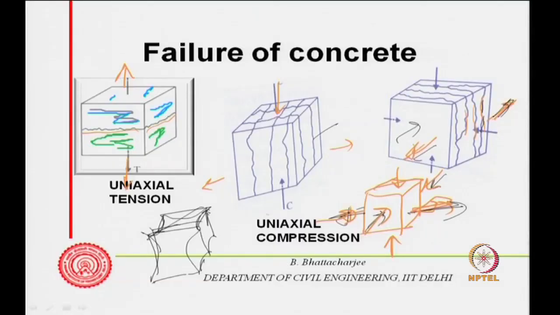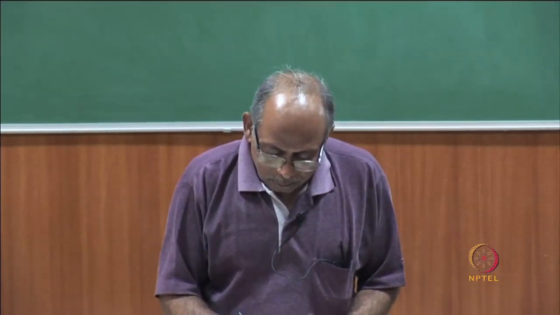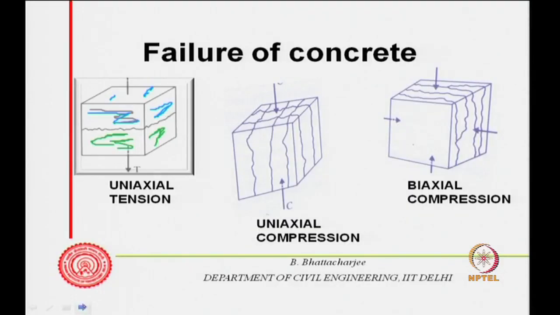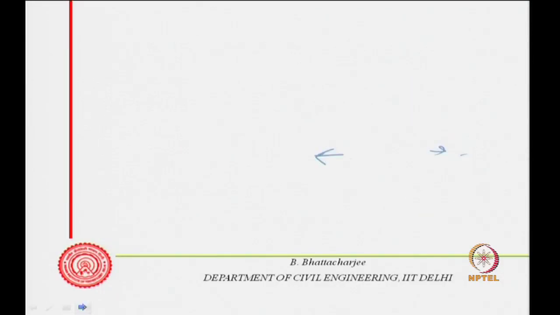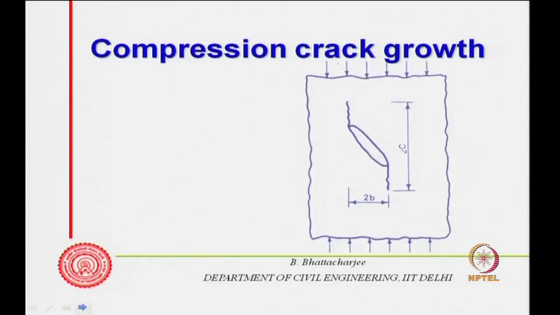Biaxial failure will be like this, uniaxial failure will be like this. So, failure of concrete, therefore, we understand, even the compression failure is essentially occurring not really by compression, but because of the tension in the transverse direction. Let us see something more. Supposing you are applying compression like this, there will be tension along this direction.